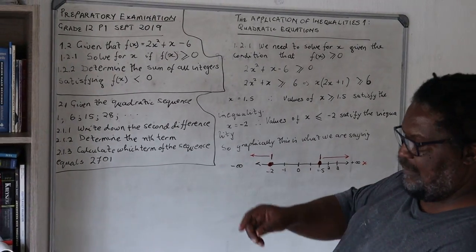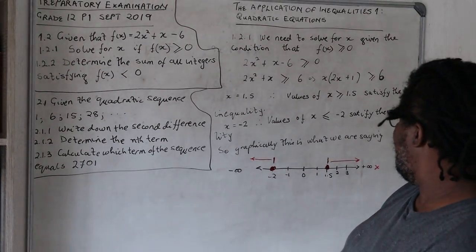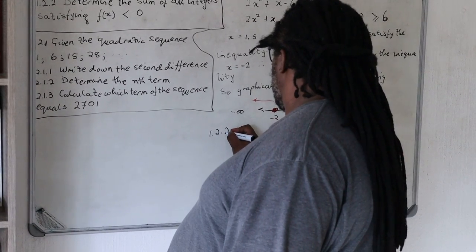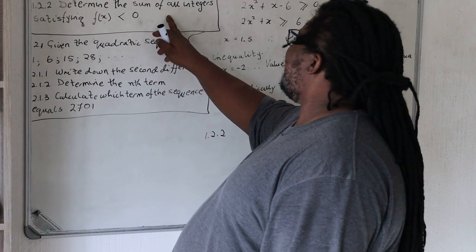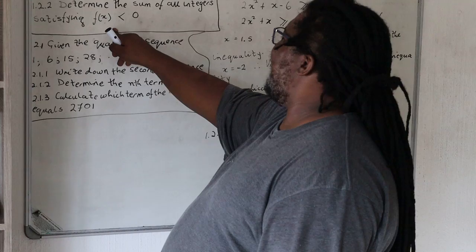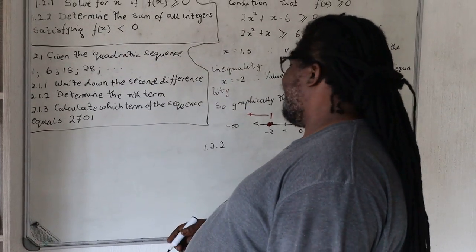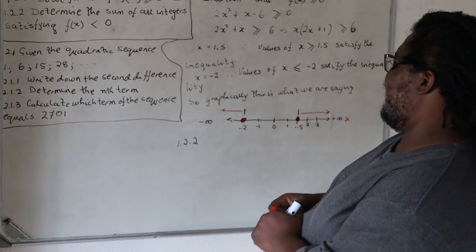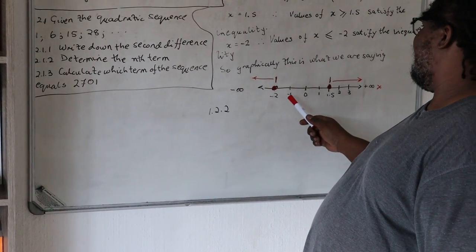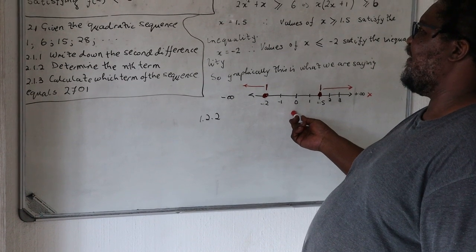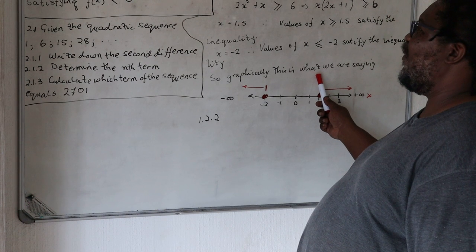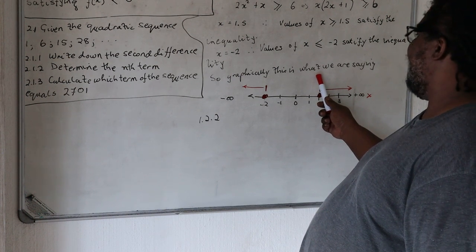If you look at question 1.2.2, it says determine the sum of all integers satisfying f of x is less than 0. This question is very simple on the basis that it has already been answered in question 1.2.1.